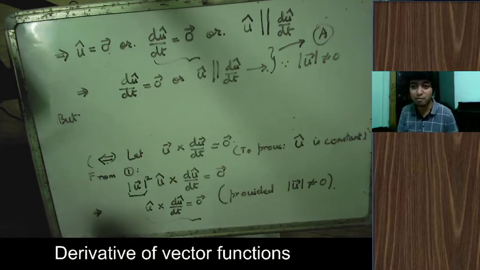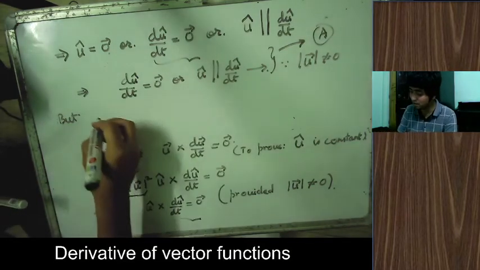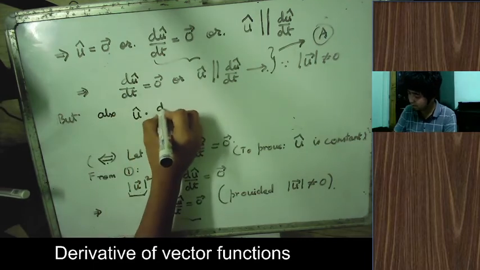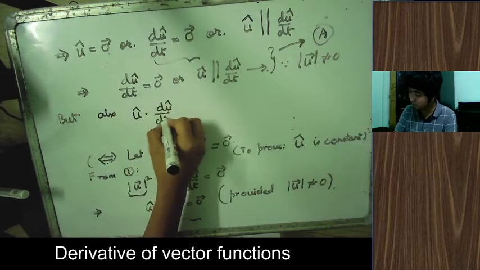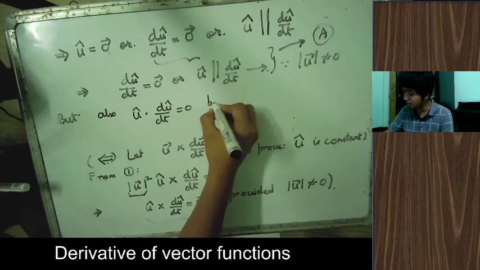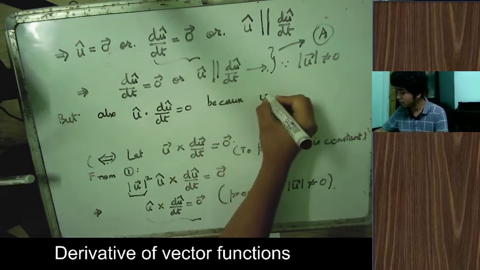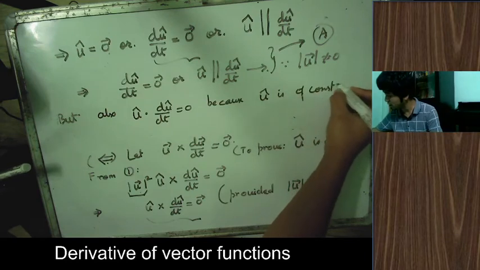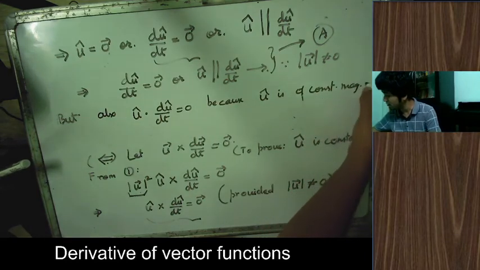But also, if you remember the note that I've written before this theorem, this one will be equal to 0, because it's of constant magnitude, constant magnitude 1.